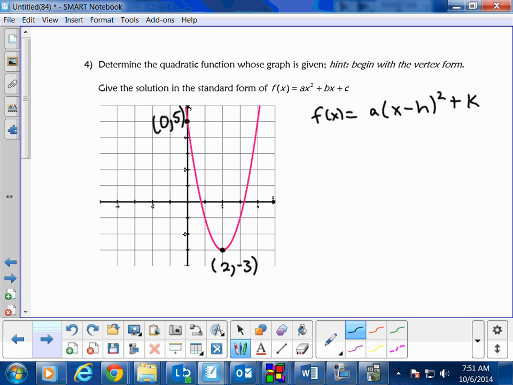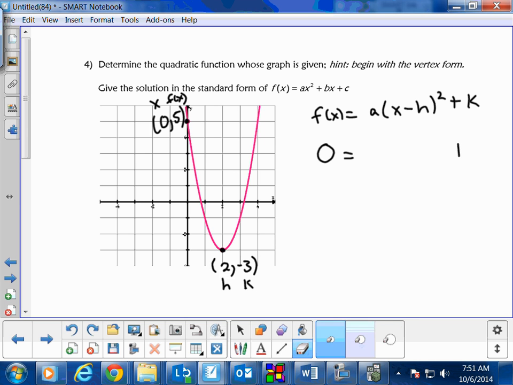I'm going to do it all by hand because remember, I have a point. This is x, f of x. So I'm going to fill that in, and I'm also going to fill in my h and my k. First I'll start with x, f of x, so you'll see that, 0. And actually, no, I put the 0 in the wrong spot.